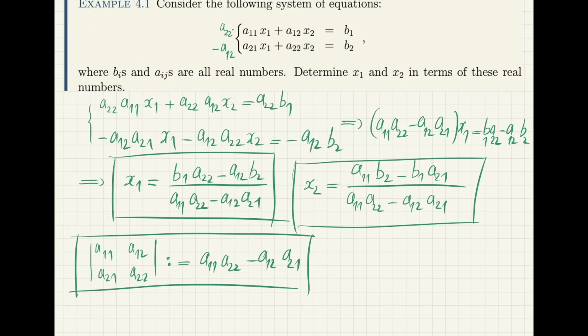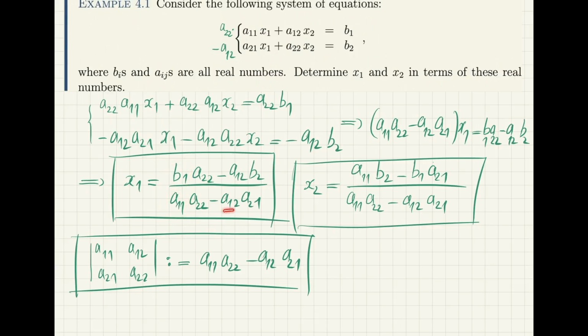If you look at the first term of the numerator and the first term of the denominator, a22 is the same, but a11 has been replaced by b1.